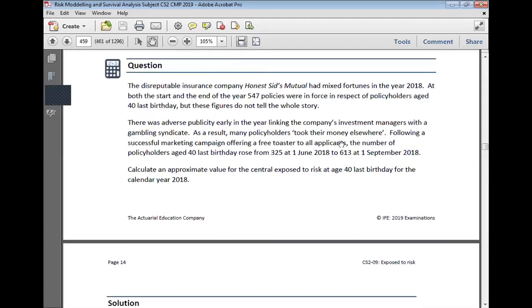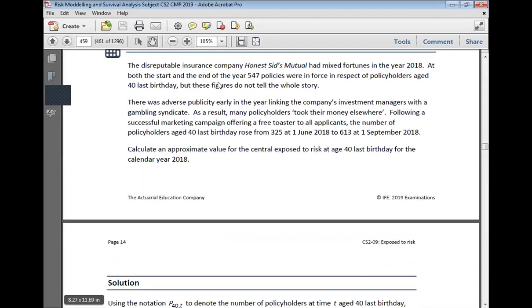All right. The very first thing I find helpful to do is to draw a timeline and see what information I have.